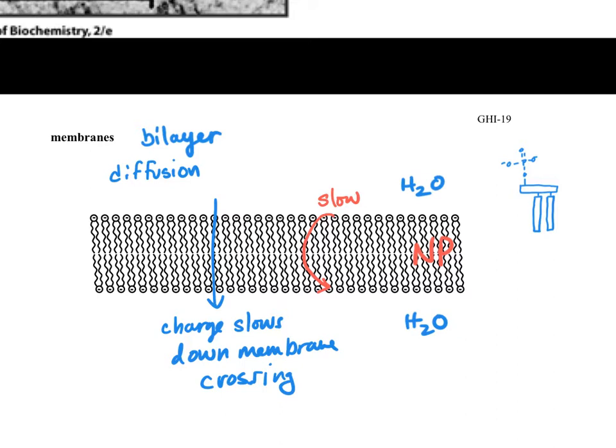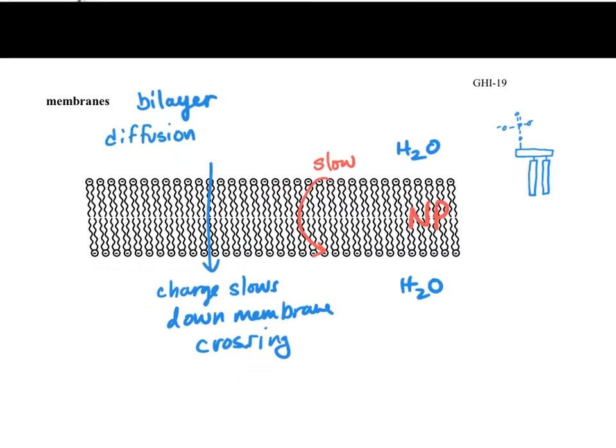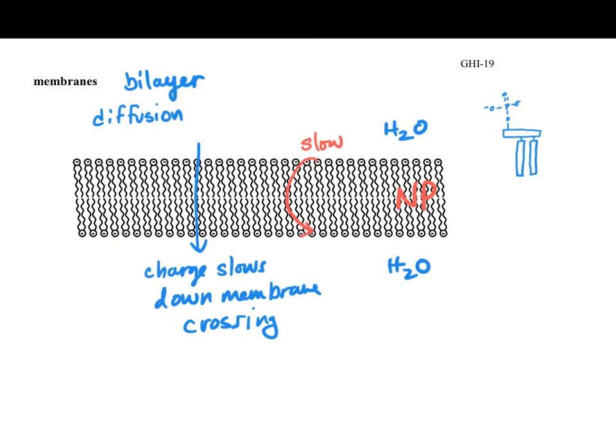However, slow is a relative term. And let's do a little exercise here where we consider some flipping rates of various phospholipids and other lipids. Let's consider a cholesterol. Let's consider a phosphatidic acid.